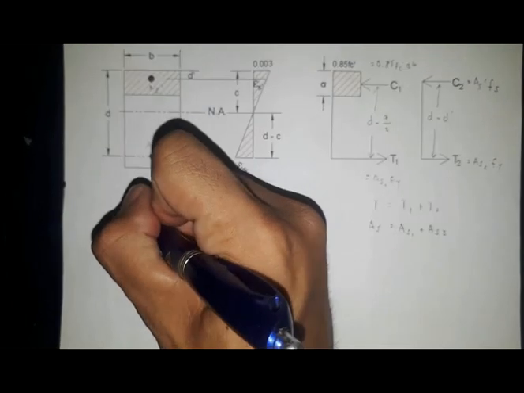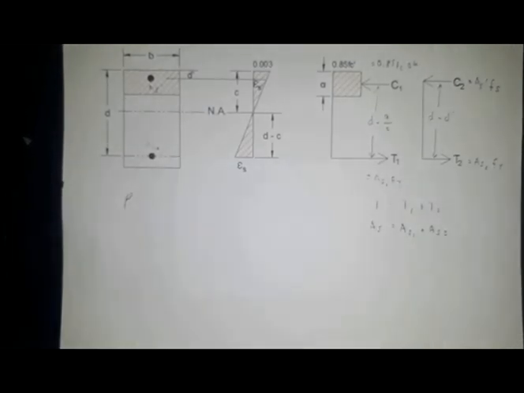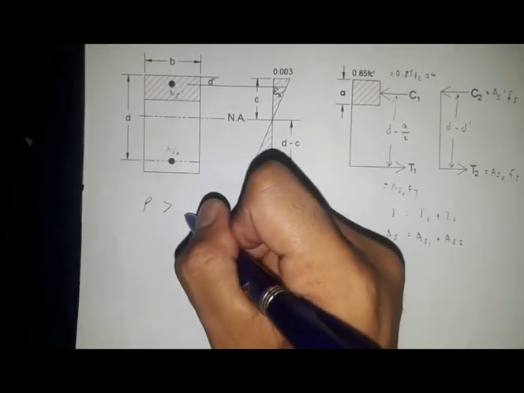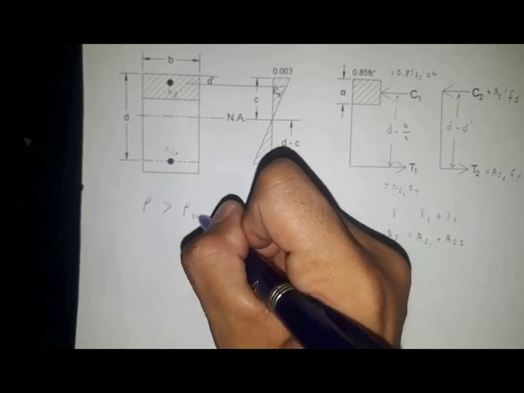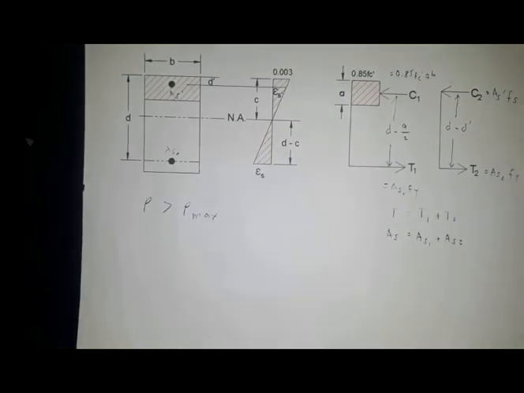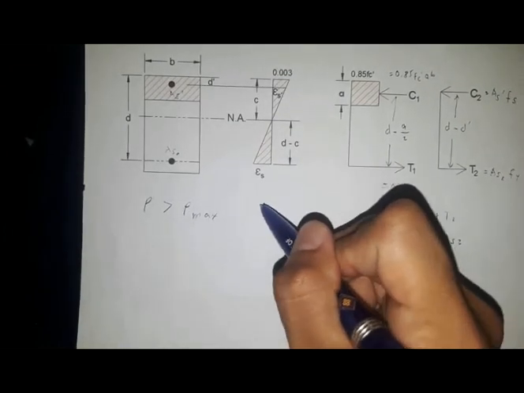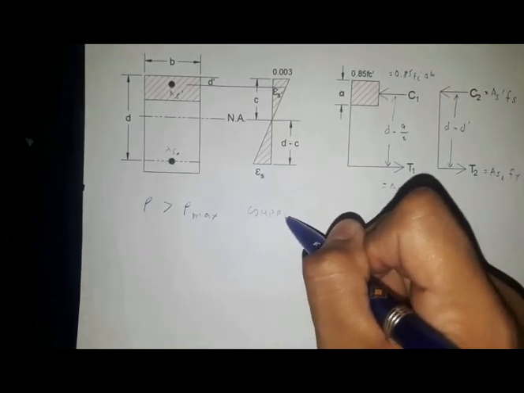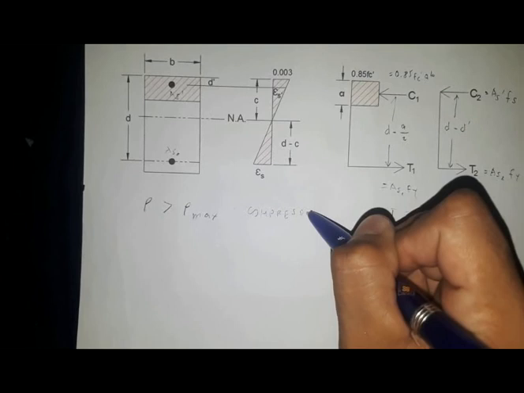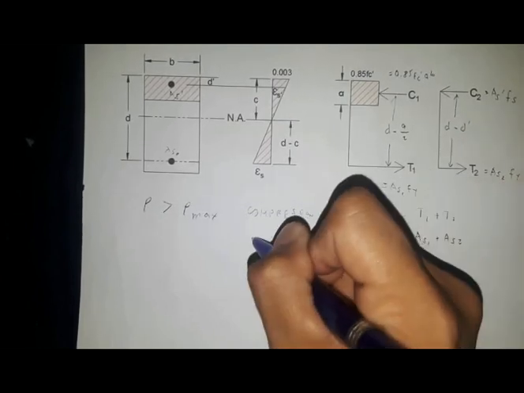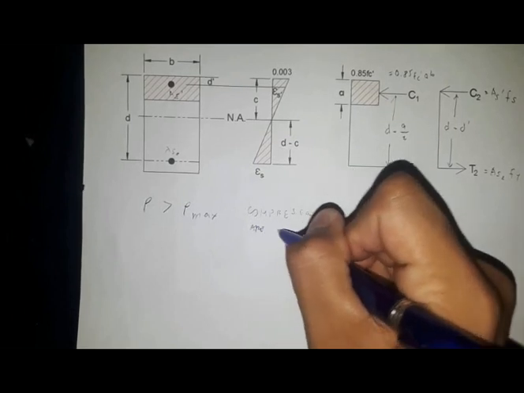So, yung raw or the steel ratio, if it is greater than raw maximum, therefore, compression bars are needed.